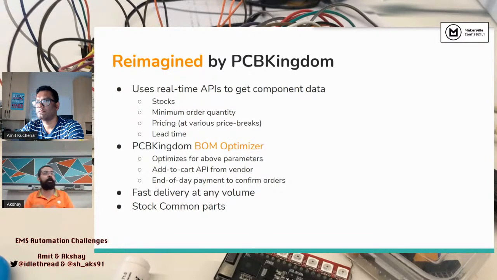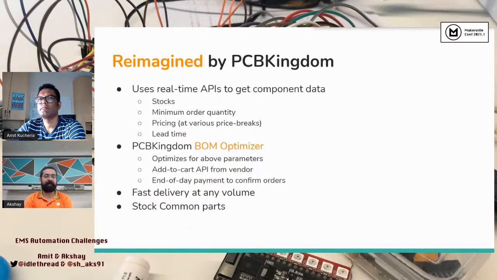We use an internal tool called BOM Optimizer. That's the magic of the game. It goes down to everybody, how to make this cheap, reliable, how to optimize pricing. At the end of it, it decides what are the number of orders for a day. We are able to load all the orders in all our vendors at one shot.